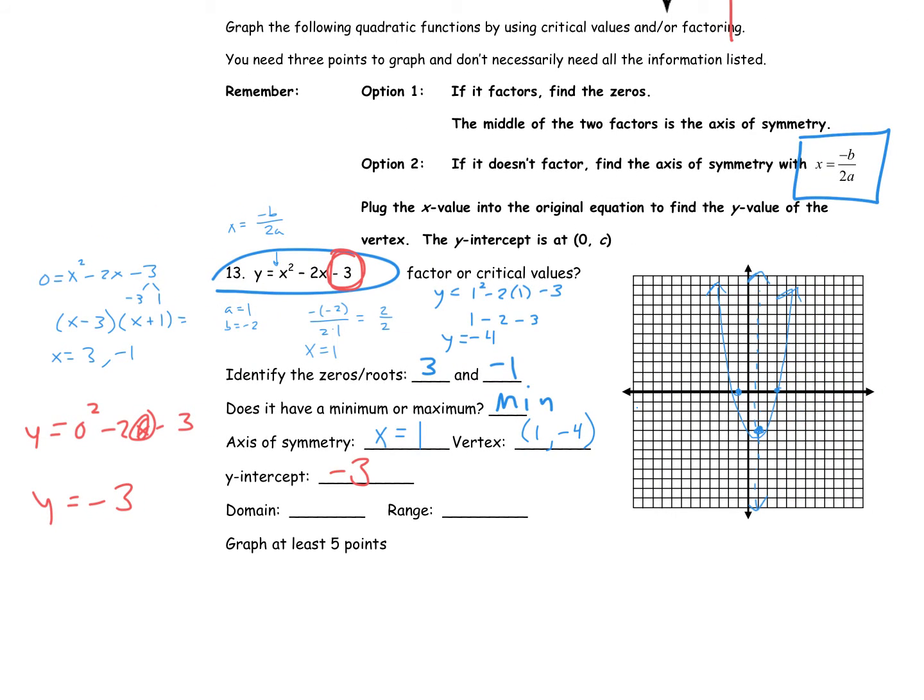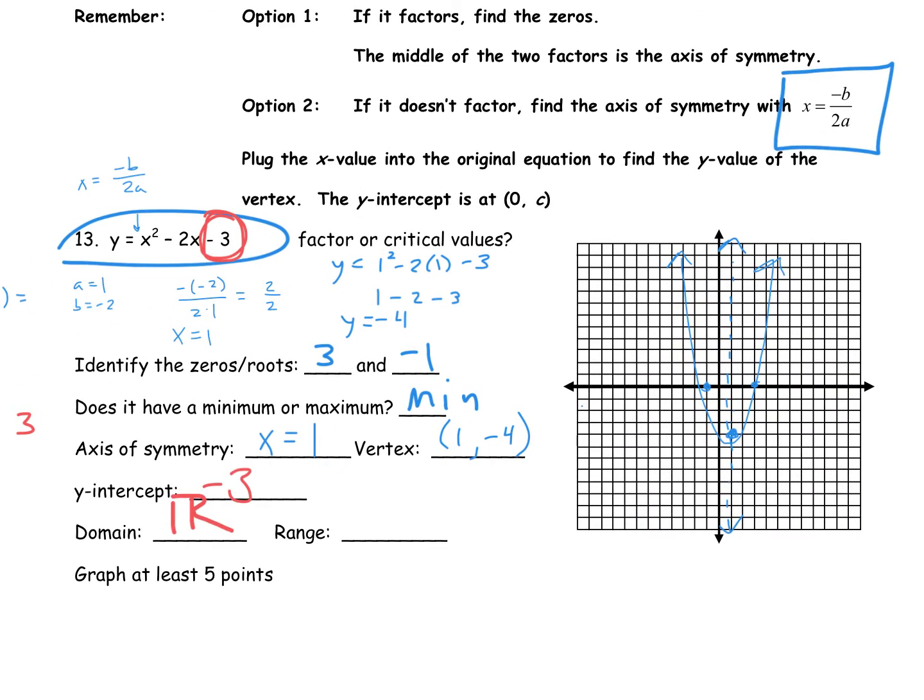What's our domain? All real numbers. And what's our range? Perfect. Negative 4 to infinity.